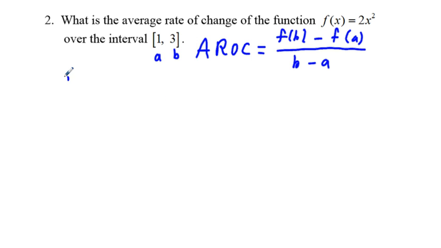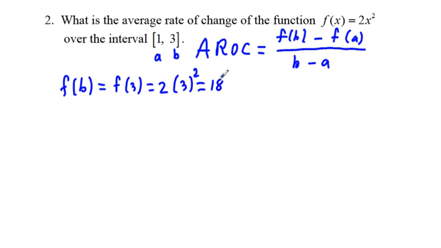And so we need to find f of b. And to find f of b, we just plug in 3, which equals 2 times 3 squared, which is 2 times 9, which is 18. And for f of a, that's going to be f of 1, which is going to be 2 times 1 squared, which is 2.